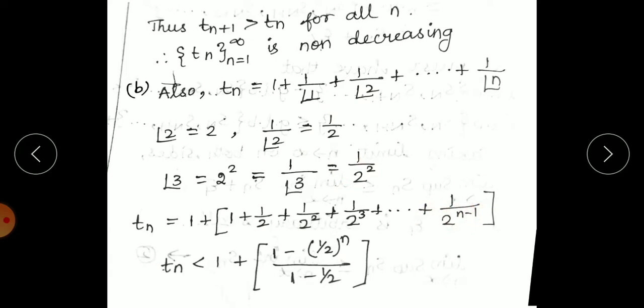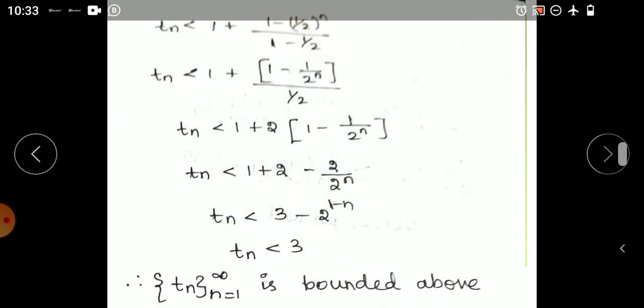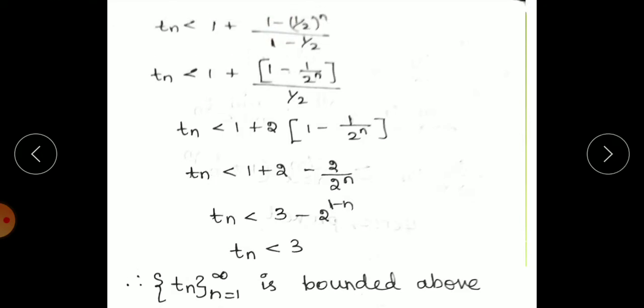So Tn is less than 1 plus, this is the general term we are writing, 1 minus 1 by 2 the whole power n, divided by 1 minus 1 by 2. So Tn is less than 1 plus 1 minus 1 by 2 power n divided by 1 by 2, since 1 minus 1 by 2 is half.